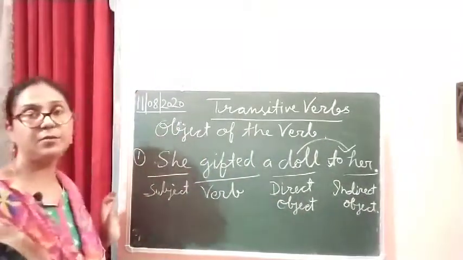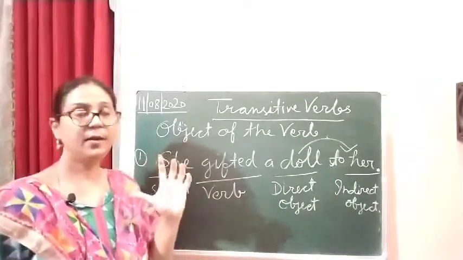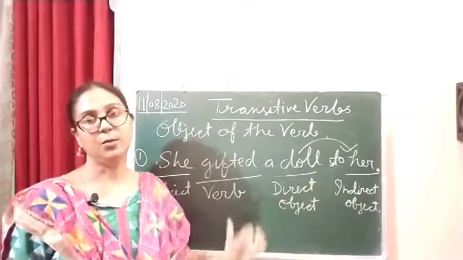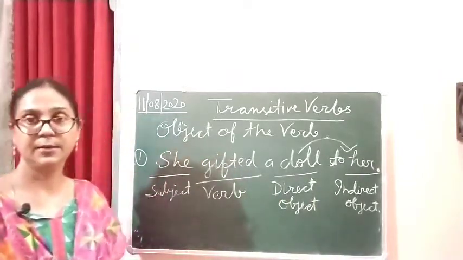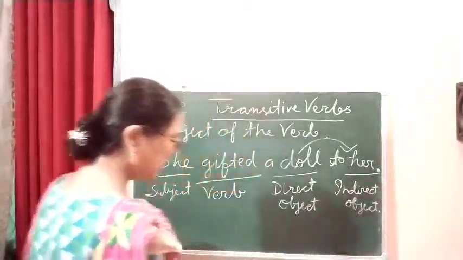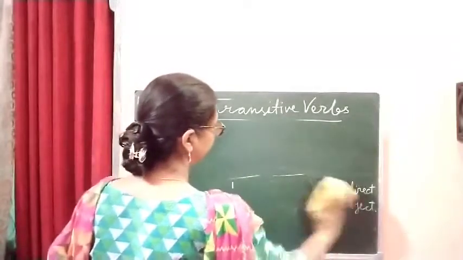So we have to understand how to recognize where the direct object is in the sentence and where the indirect object is in the sentence. Now we are moving to solve some exercises based on transitive verb.